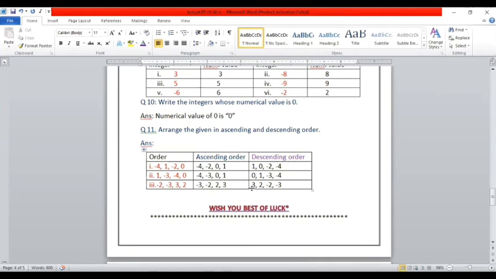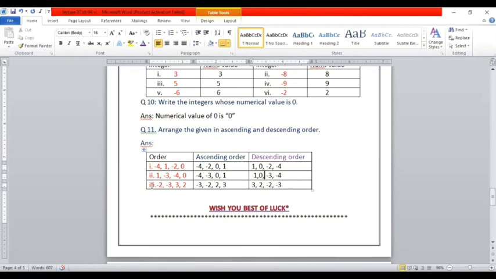And in descending order, we will start with the biggest value, which is 1, then 0, then -3, then -4.